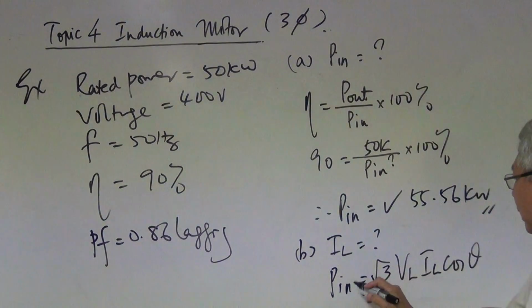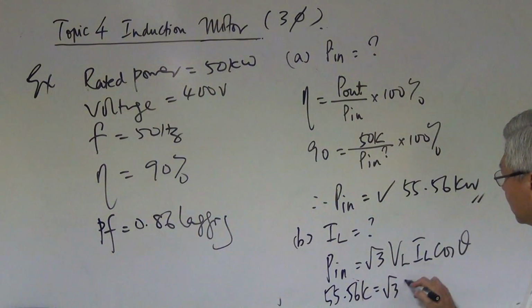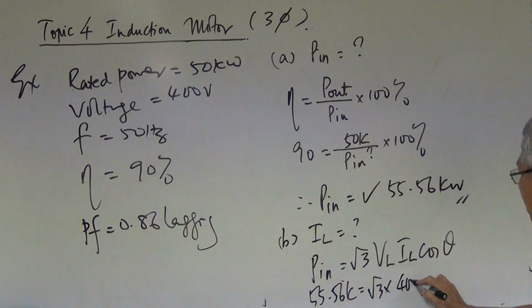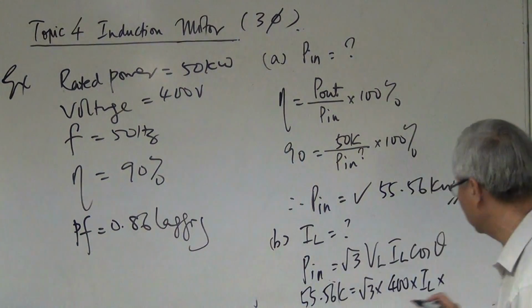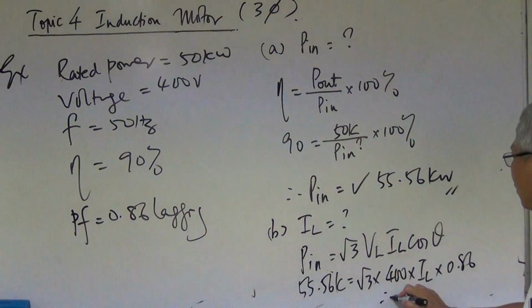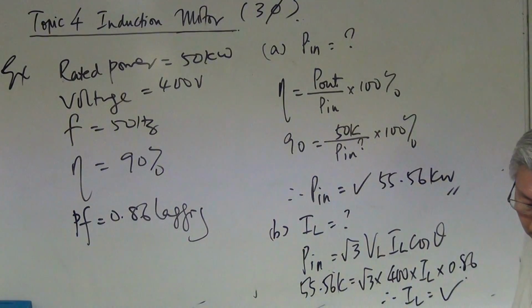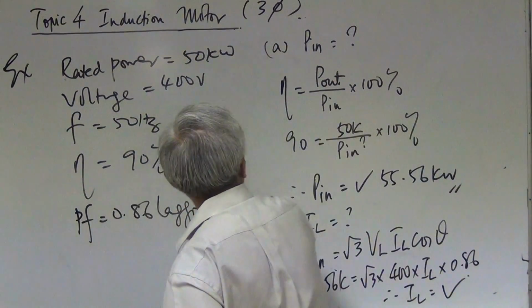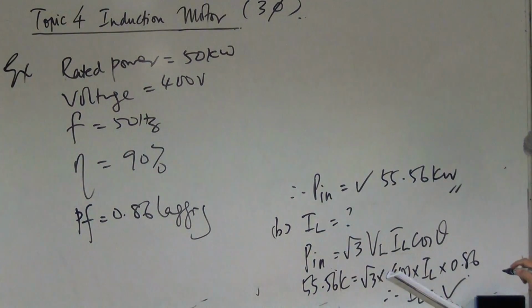I know my input power, 55.56 kilowatt, is equal to square root 3 times my line voltage of 400, line current unknown, power factor 0.86. So therefore, the line current can be found. The value of the line current is 93.25.